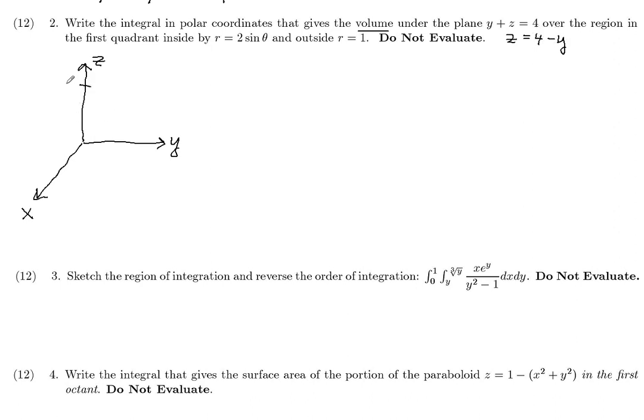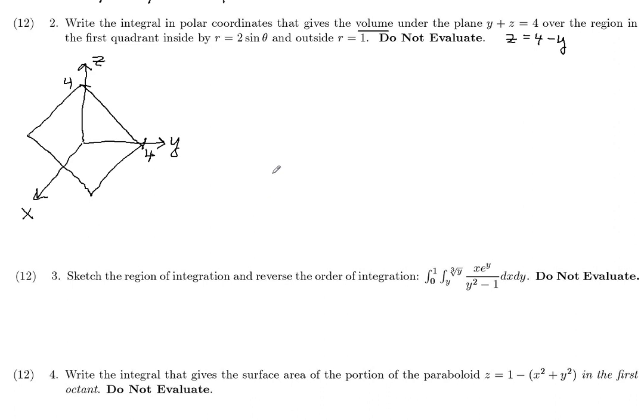So this is going to hit at 4 on the z-axis, and if you fall 4, you're going to run 4 because the slope is negative 1. So it looks like that. And then x is left out of this equation, so this is going to vary in the x direction. So this plane looks like this. Okay, so that's that plane.